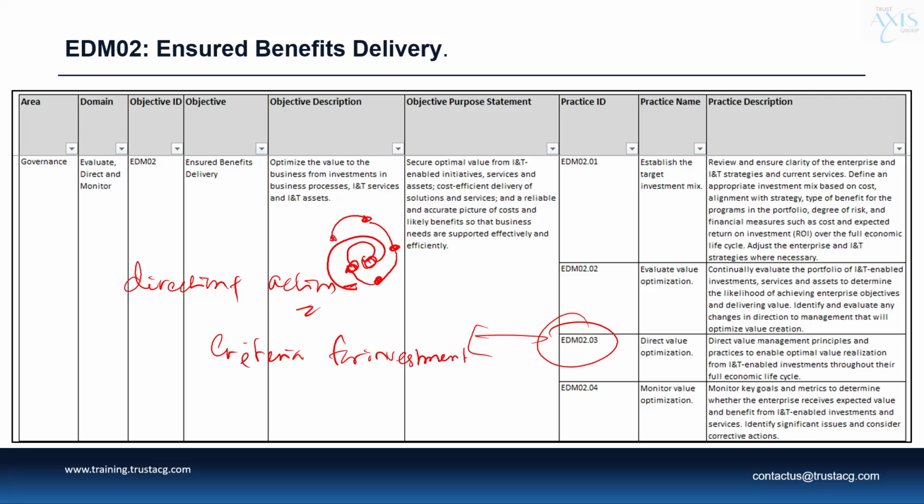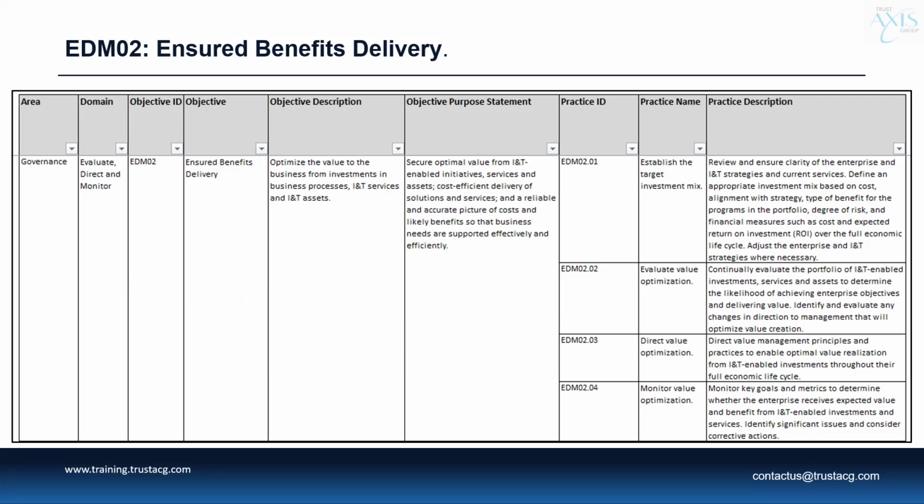And what is the percentage of your IT initiatives which use the value management principles and practices that you defined in the previous practice, where you established the target investment mix and evaluated your value optimization? So, what are the different activities that can be implemented under this practice where you direct the value optimization?